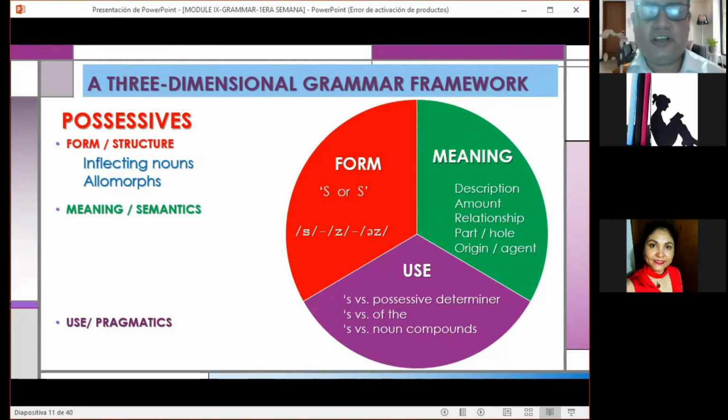Inflection, remember, inflectional morphemes are the morphemes which give a grammatical meaning. Remember? So this apostrophe S has a meaning, but it's a grammatical meaning. It doesn't have a lexical meaning. Remember these two terms before, lexical and grammatical. So this apostrophe S has meaning.